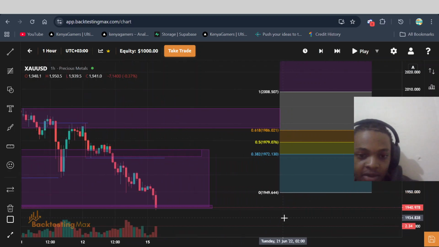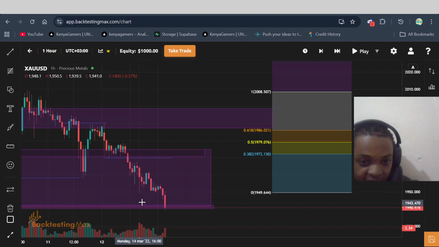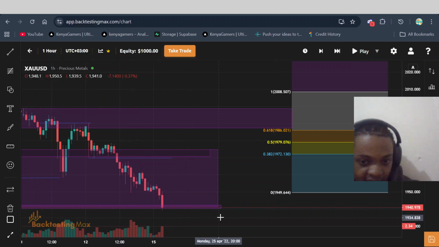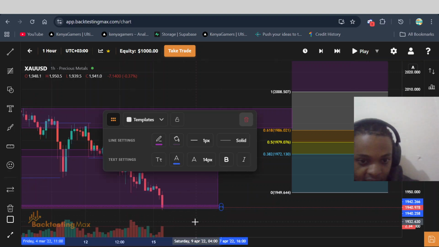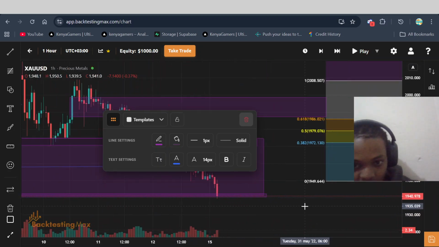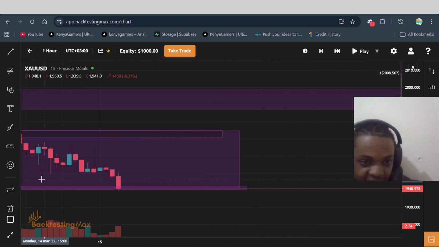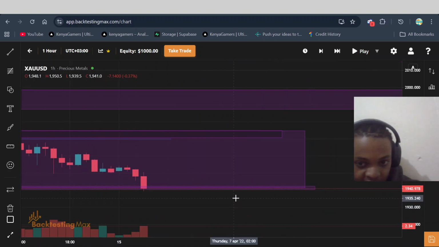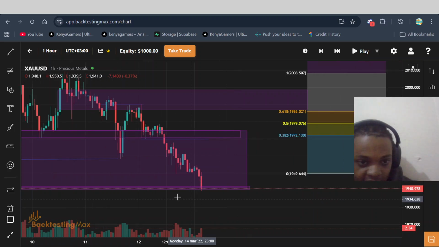Okay, so there we go. The fair value gap is tested, and does it close? I'm trying to see if it closes below any of the fair value gaps. Okay, it closes below.